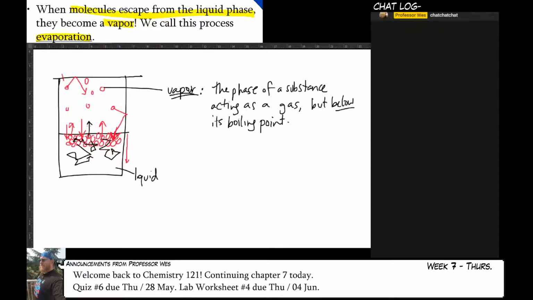And so evaporation is still occurring, but it's occurring at a rate that eventually will equal the rate of condensation where the molecules return. And so the liquid level will not change in this case, at least not noticeably.